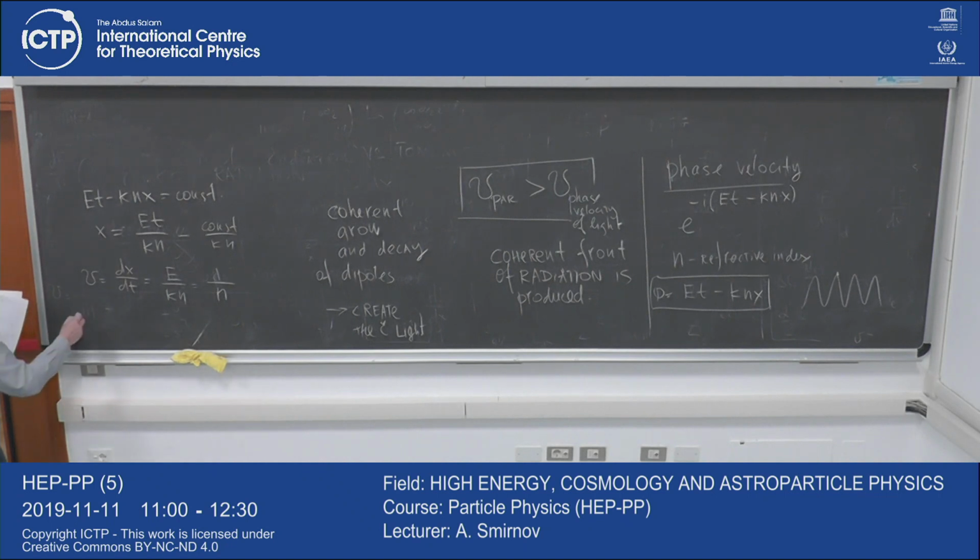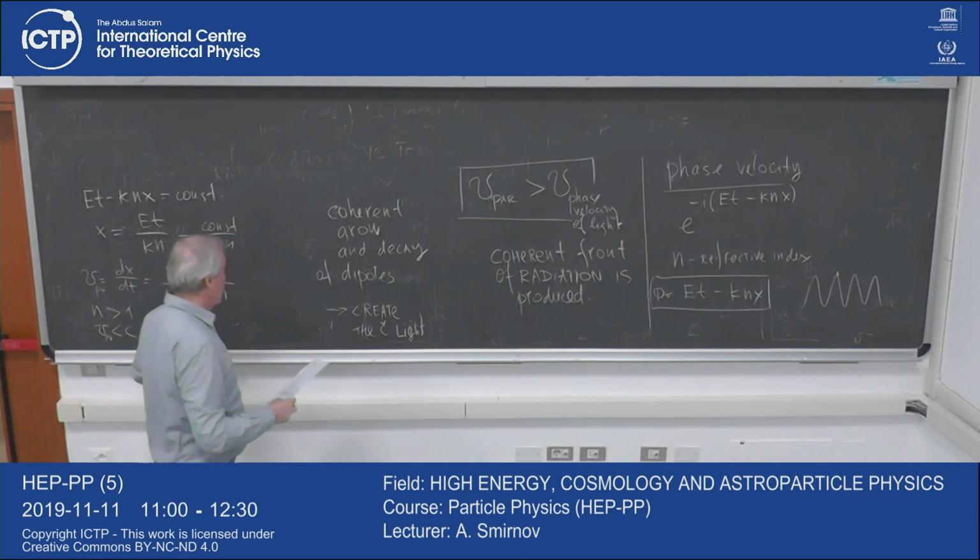So which means that if you have a medium with n bigger than 1, then the velocity will be smaller than the velocity of light. Let me put here the index gamma. So the phase is moving with a velocity smaller than the velocity of light.